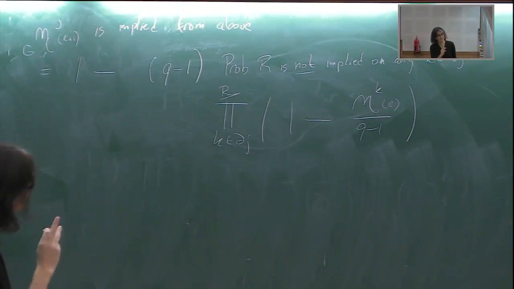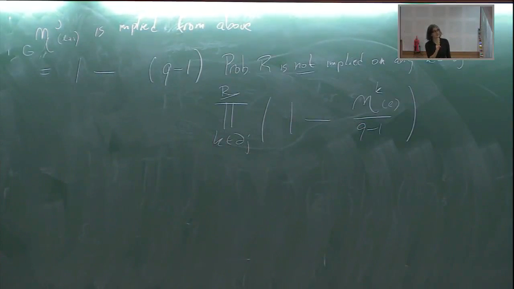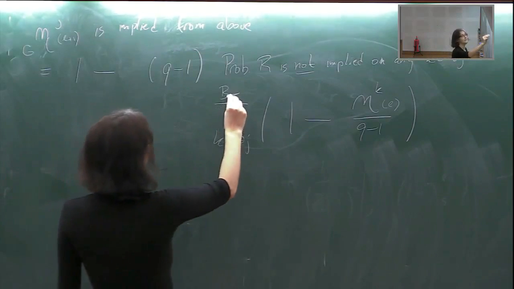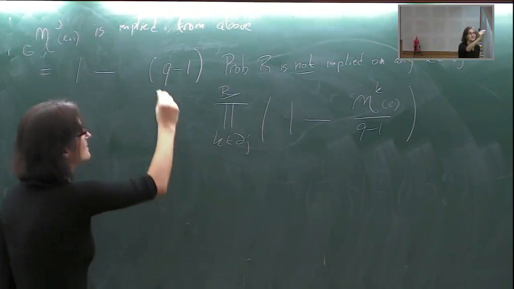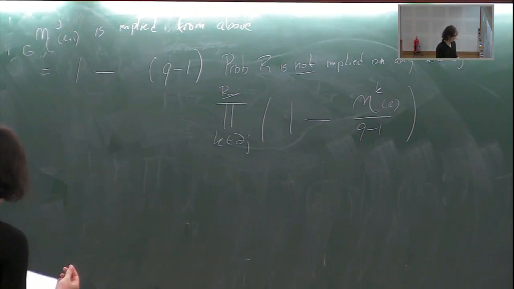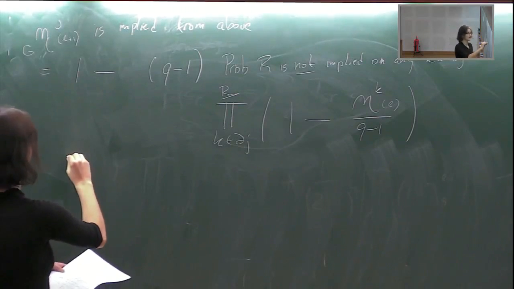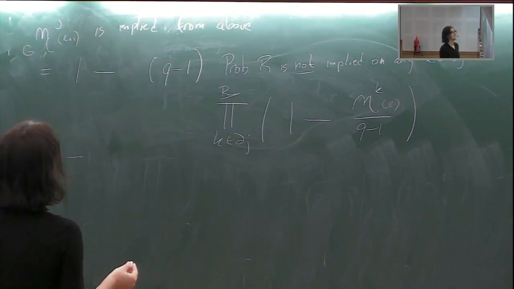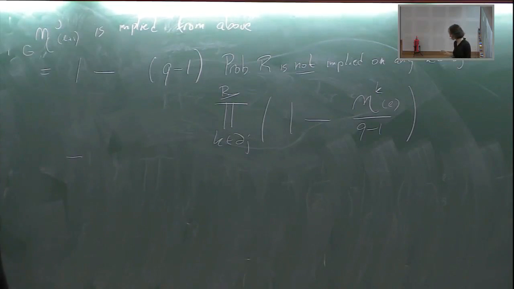So now the only thing that we did wrong here is that we overcounted, right? Here we said, let's say that red is not implied, but we multiplied by q minus 1 because blue might also have been not implied. But what if both red and blue are not implied? Well, that we counted twice, right? So now we must subtract, we must count the term where 2 colors were not implied.